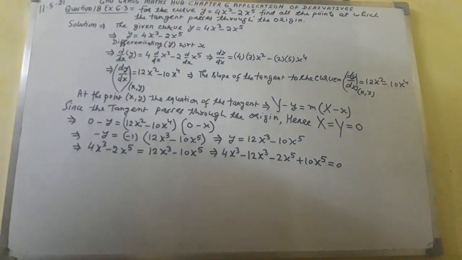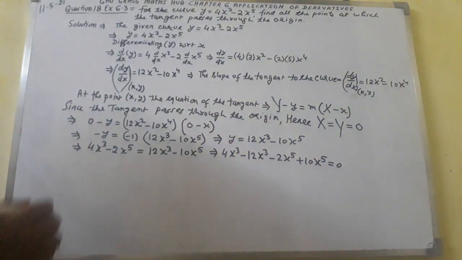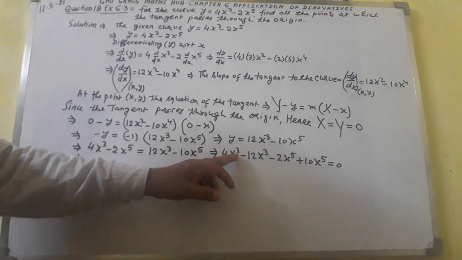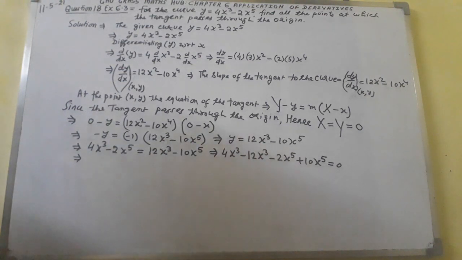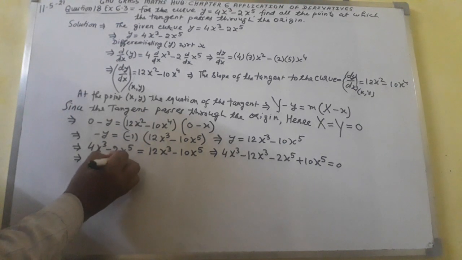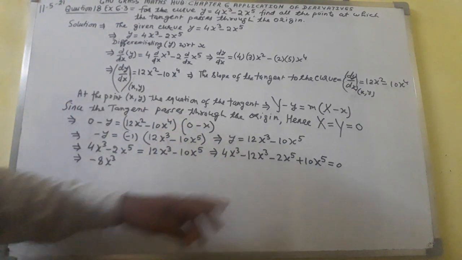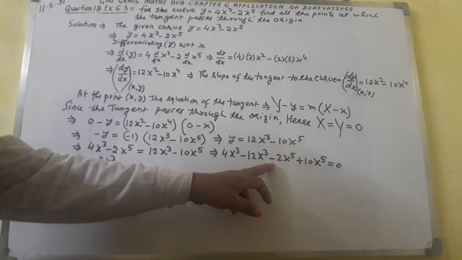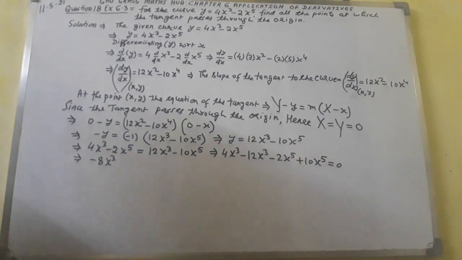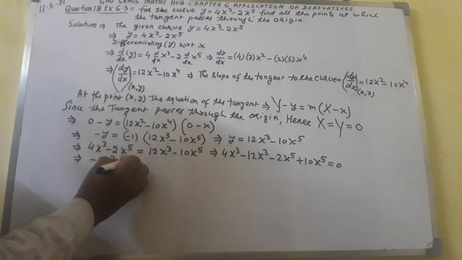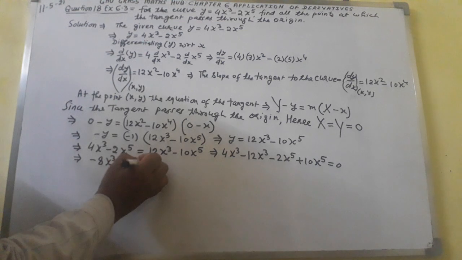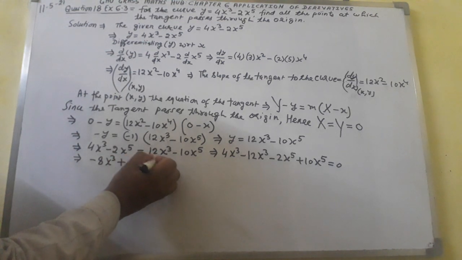Again, 4x cube minus 12x cube comes out to be minus 8x cube, and minus 2x raised to the power 5 plus 10x raised to the power 5 comes out to be plus 8x raised to the power 5, equal to 0.